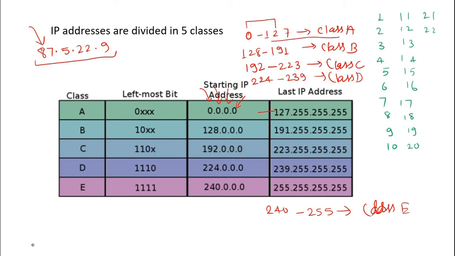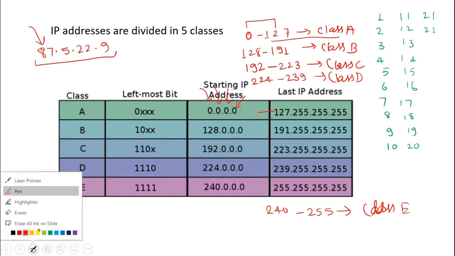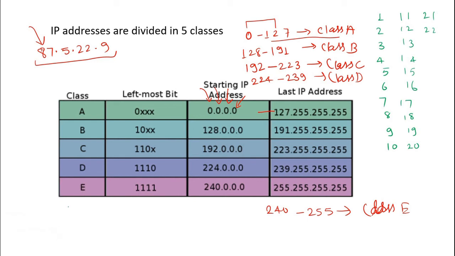Let's take one more IP address: 129.20.30.5. Which class does it belong to? You have to look at the first octet, that is 129. Does 129 come between 0 to 127?